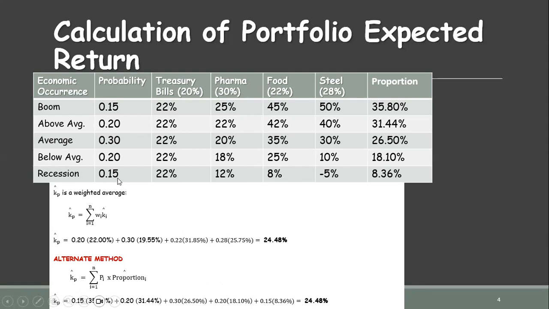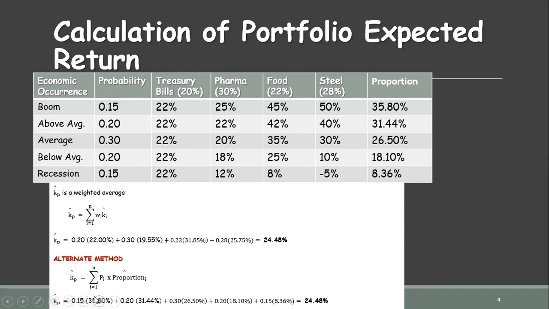In case of a recession, the probability is 15, 22% multiplied by 20%, 12% multiplied by 30%, 8% multiplied by 22%, minus 5% multiplied by 28%. The proportional sum of all these returns equals 8.36%.